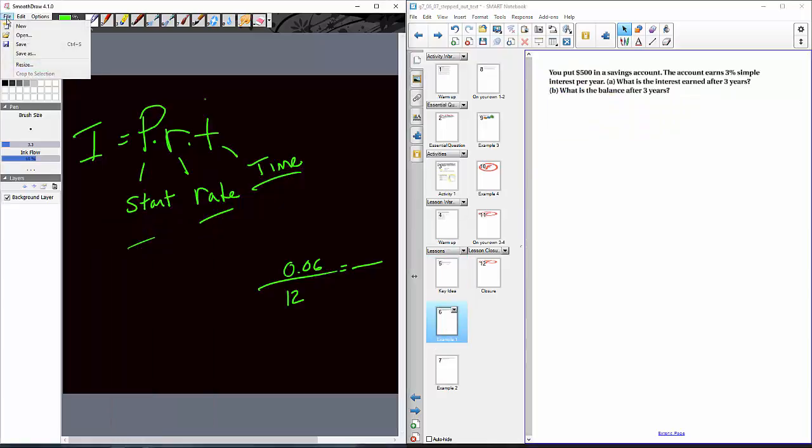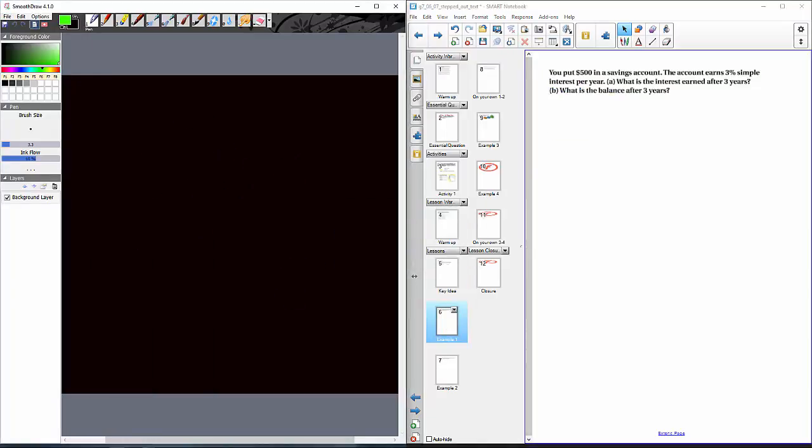So imagine that I put $500 in my savings account. Again, it's I equals P times R times T, and it says 500 is the principal. 3% interest, so times 0.03 for 3 years, right? So times 3 years.